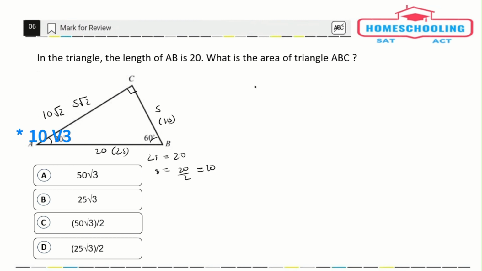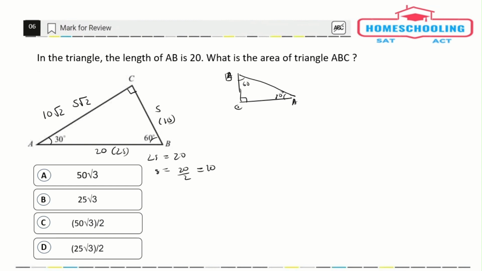So we have to find the area of the triangle. So this is the hypotenuse, this is the base, and this is the height. You can understand from this figure. This is C here. If you reverse the diagram like this, sorry, this is B and this is A. 30, 60, and 90.